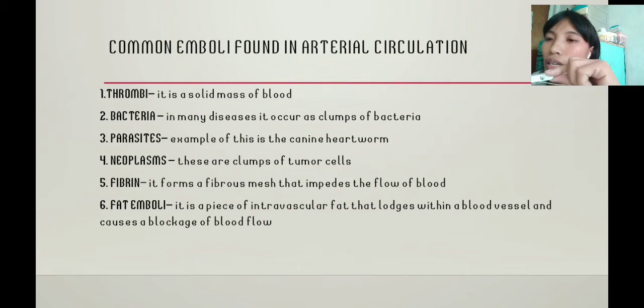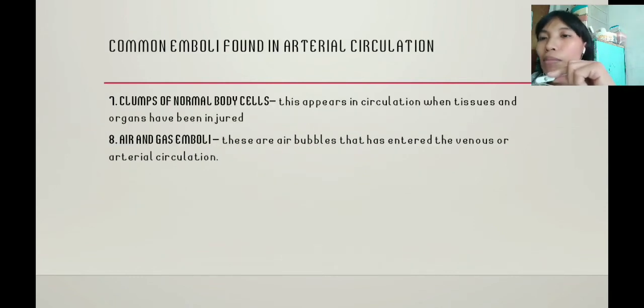Next is clumps of normal body cells. This appears in circulation when tissues and organs have been injured. Next is air and gas emboli. This happens when air bubbles enter into the venous or arterial circulation, obstruct vascular circulation, and damage tissues.